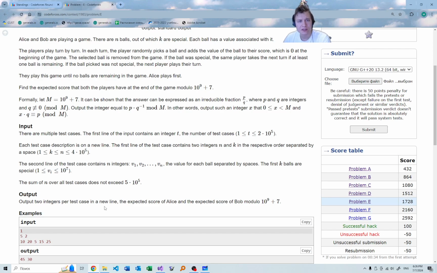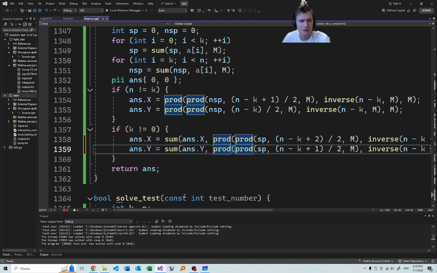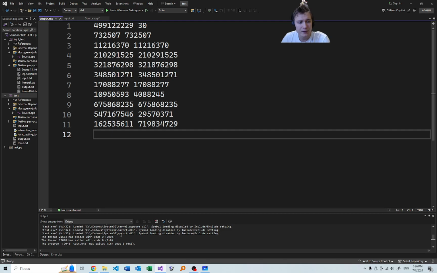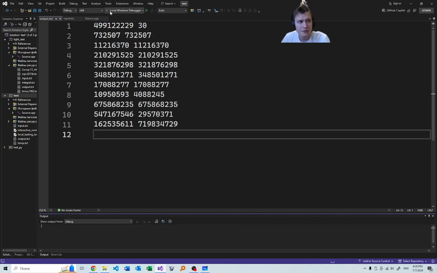For some reason I don't understand why it doesn't work. Well, all numbers where the answer is wrong are very huge.